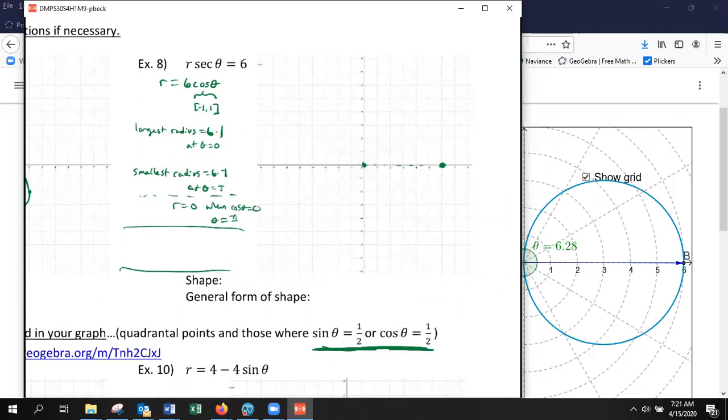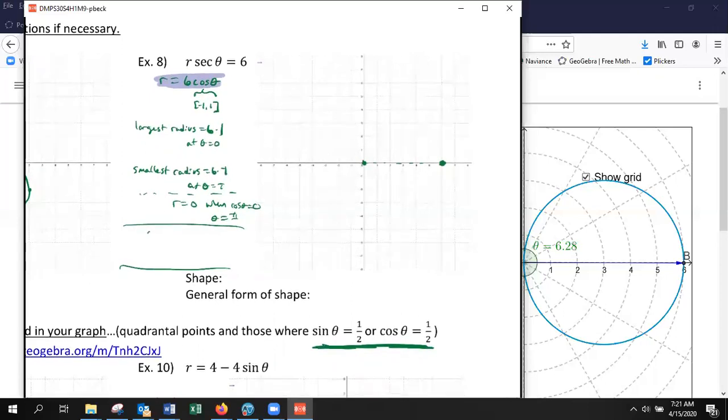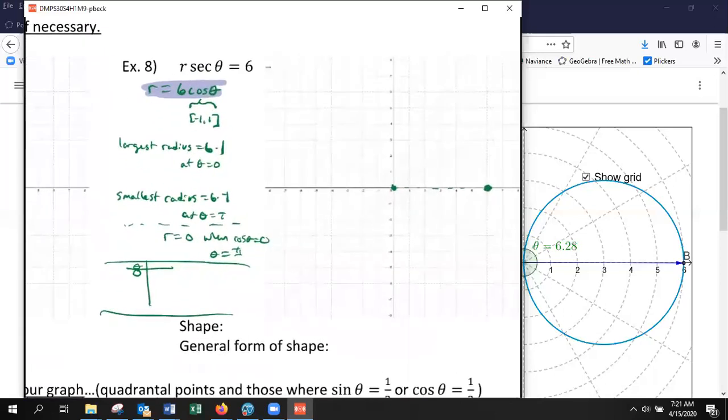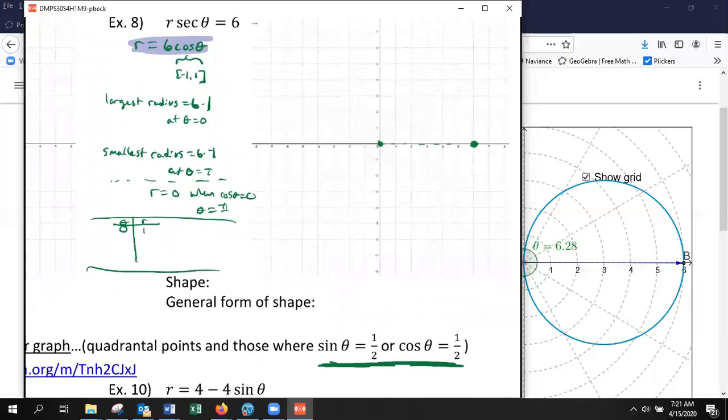So how we're going to do it, since we're working with cosine, I'm going to work with this r equals 6 cosine of theta. What are the important theta values? The theta values I'm going to look at are when theta equals 0, and the cosine we get is 1. Then where does cosine equal 1/2?